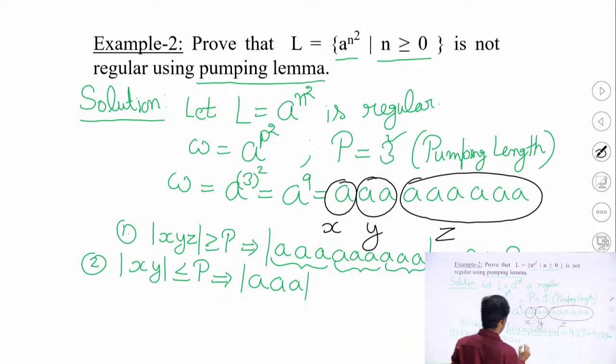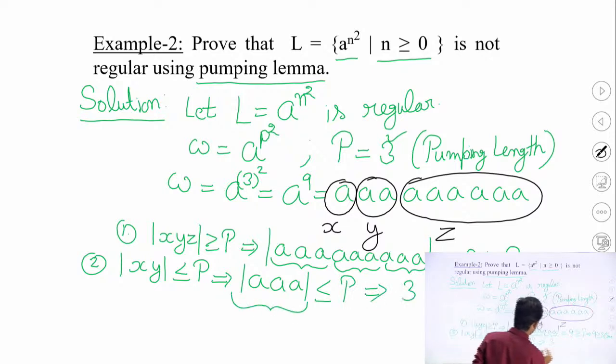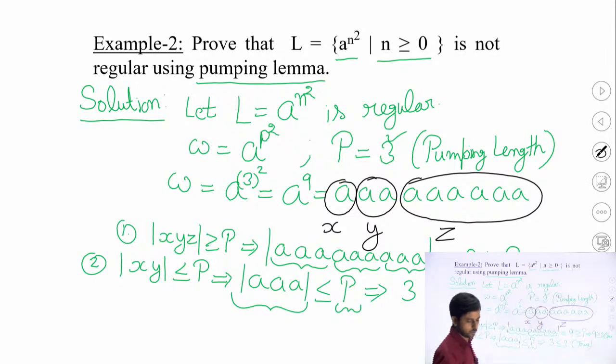Now this must be less than or equal to p. This length is 3 and p value is 3. Now 3 is less than or equal to 3. This condition is also true.